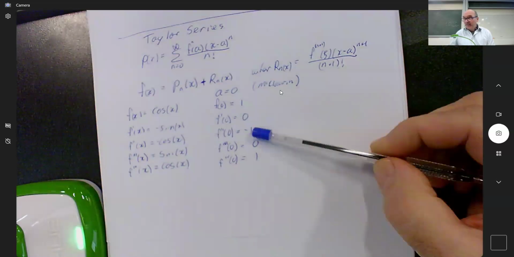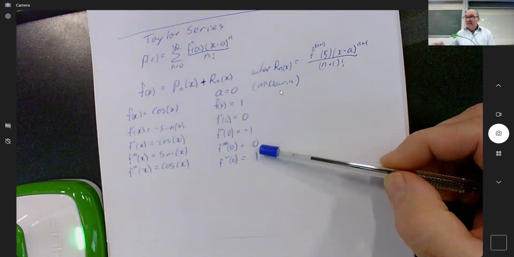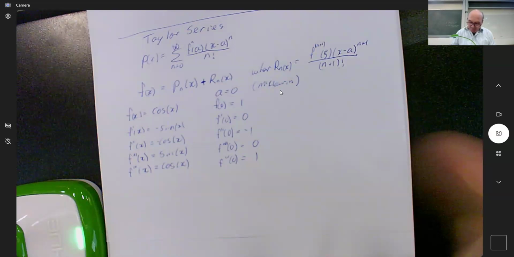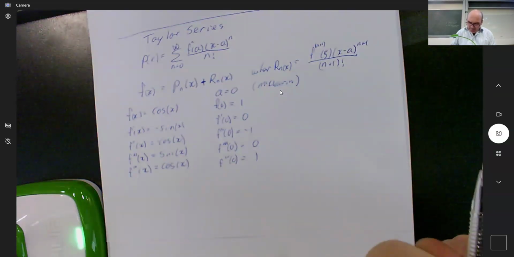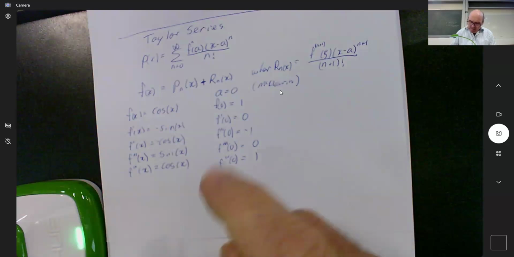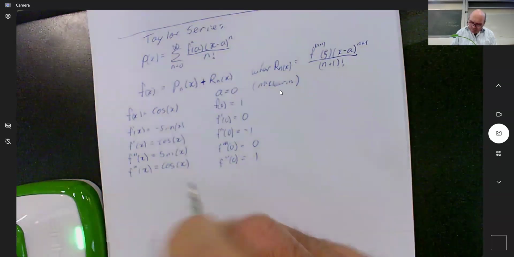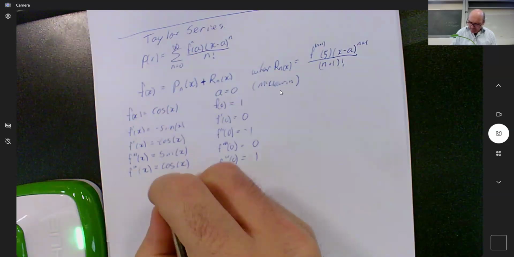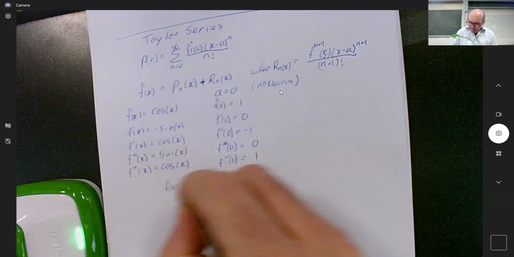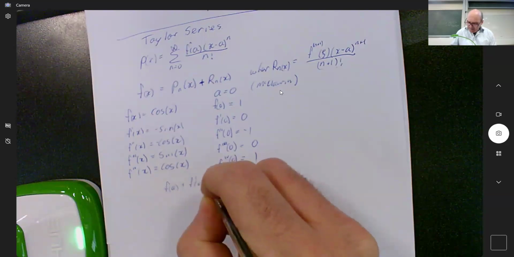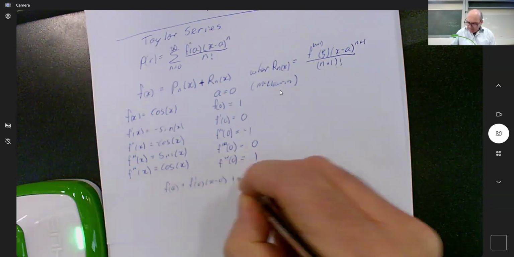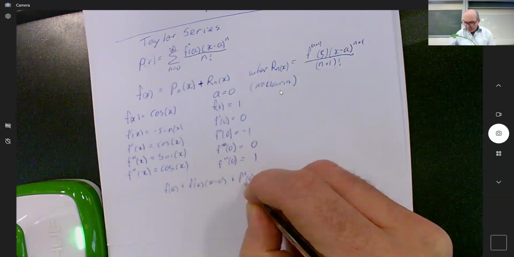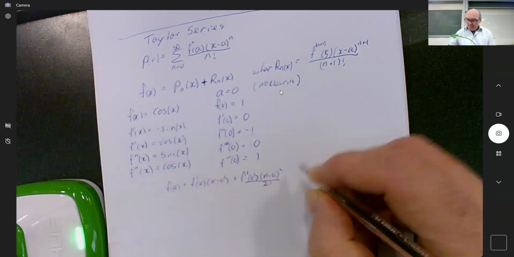Then what we do is, the thing we're looking for is f of a plus f dashed of a times x minus a plus f double dashed of a times x minus a whole squared on 2 factorial, which is 2. So on and so forth.